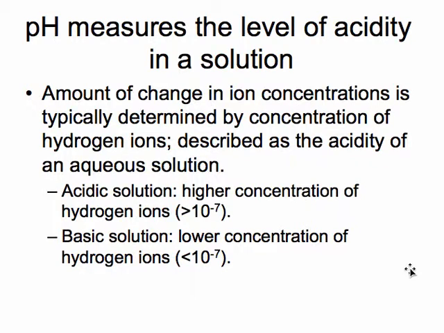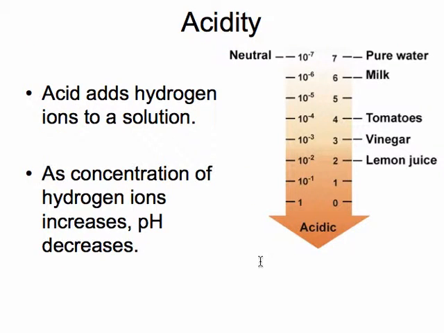Acidic solutions have a high concentration of hydrogen ions, so greater than 10 to the negative 7th. And basic solutions have a lower concentration of hydrogen ions, so below 10 to the negative 7 hydrogen ions. By definition, an acid is a molecule that can add hydrogen ions to a solution.